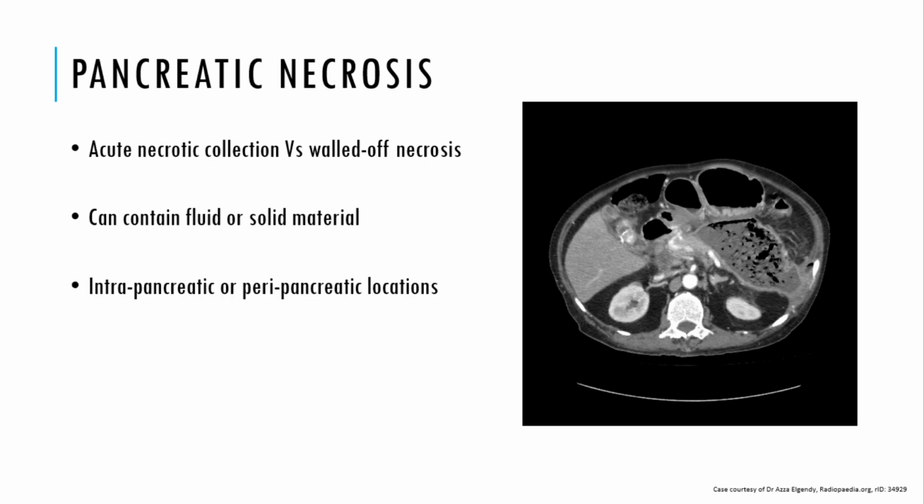It can again be intrapancreatic or peripancreatic, and it can be sterile or infected. As you can see on this scan, we have a big pancreatic necrosis, essentially replacing most of the body and the tail of the pancreas, and I would suspect that this is an infected pancreatic necrosis because it contains a lot of gas.